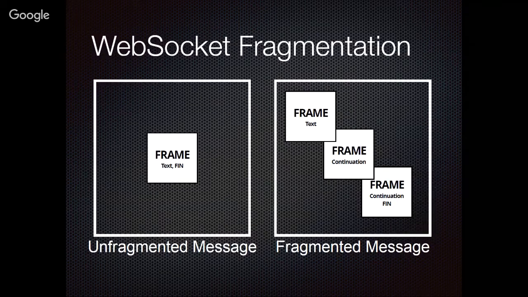The reason we don't hand off raw frames to the application is because the frame itself is not what the application gets. The application actually gets a message. And the message, kind of like in TCP, you can fragment a message. So you don't want to give the application the incomplete message. If you play with the browser WebSocket implementations, you don't get frames.